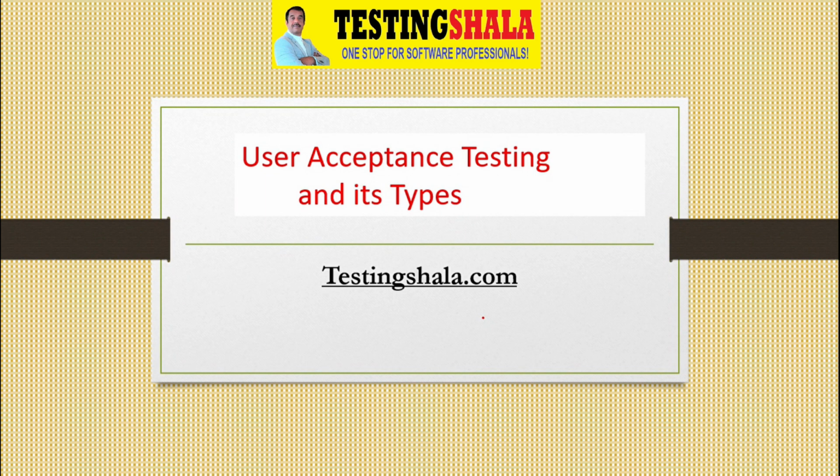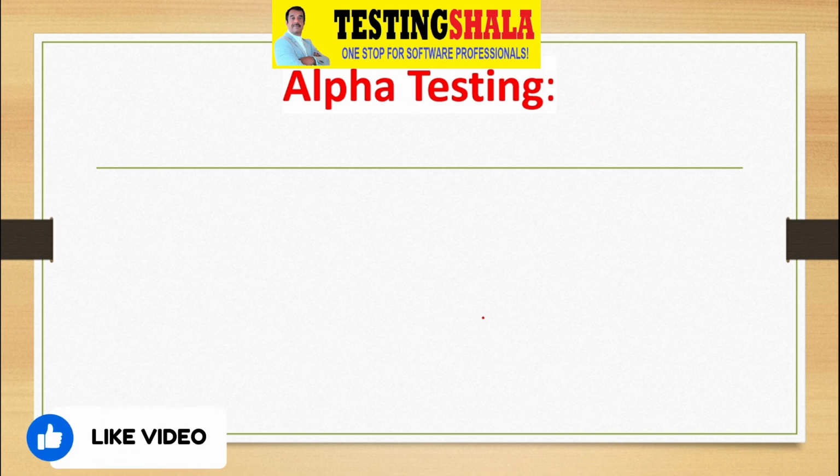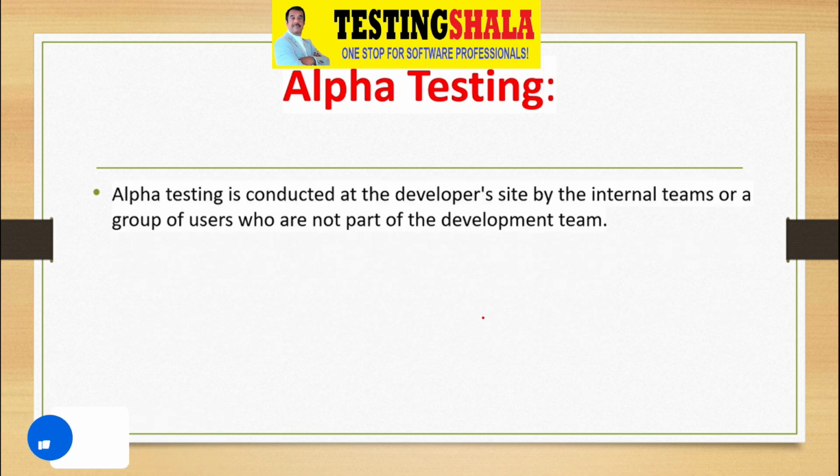The first user acceptance testing we normally do is alpha testing. Alpha testing is normally done at the developer side by the internal team or a group of users who are not part of the development team.